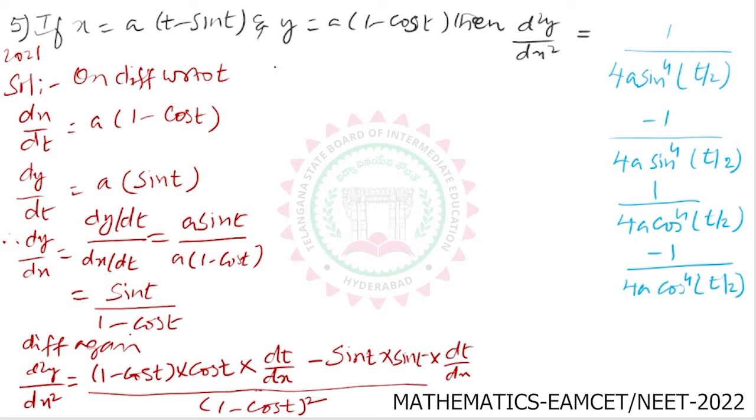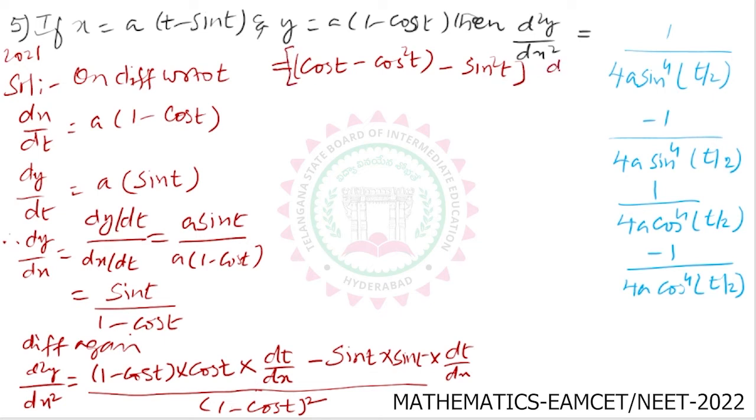Is it clear? Now I am simplifying: cos t into cos t is cos square t, into dt by dx, minus sin square t, into dt by dx.